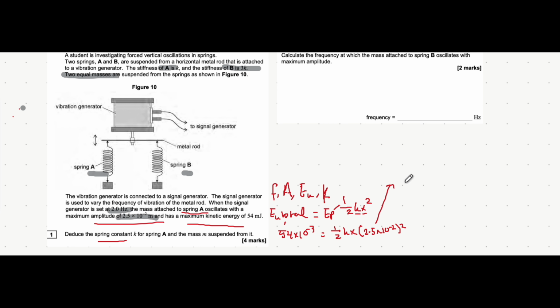Great. From here we can say that the spring constant is 54 times 10 to the minus 3 all over a half of the amplitude squared. Now I'm just going to put that into my calculator and it'll give us a spring constant.